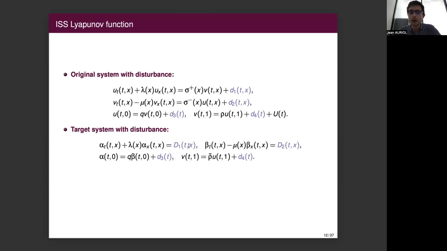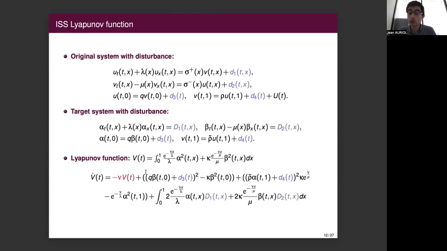But all in all, you still have this kind of transport equation, and you can still use the same Lyapunov function and perform the Lyapunov analysis, except that now you get additional terms due to these D3, D4, D1, D2 terms.